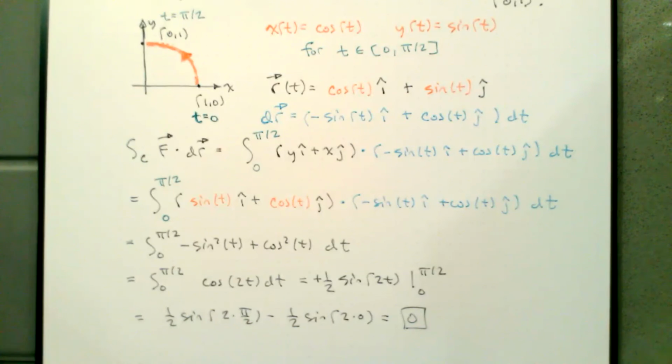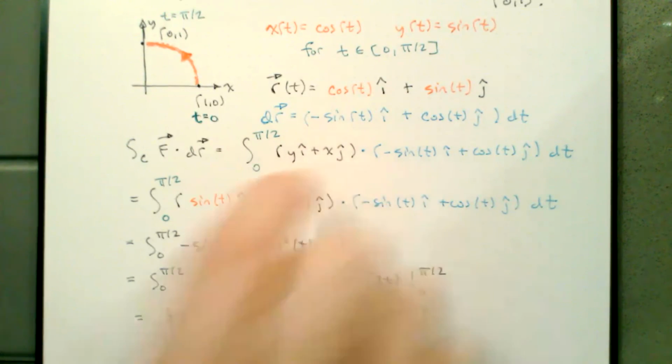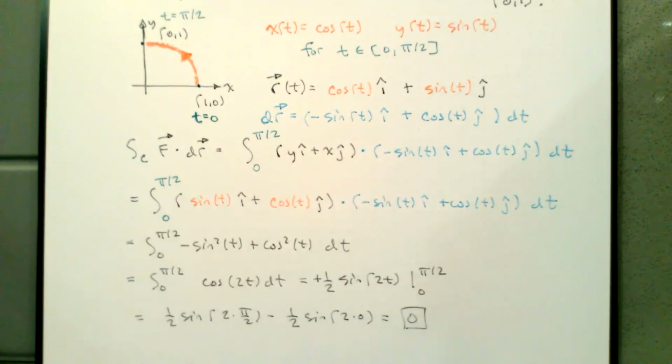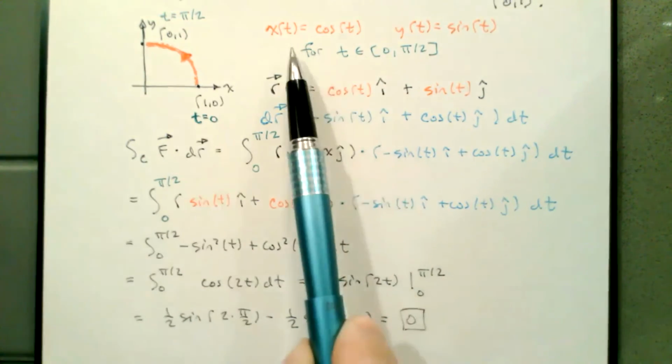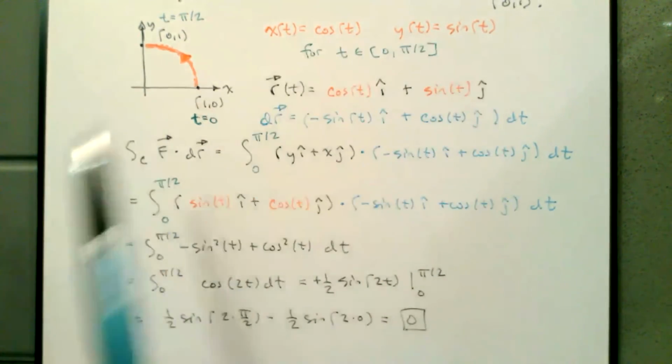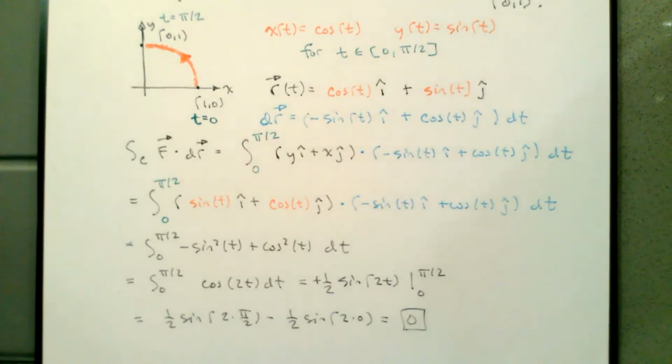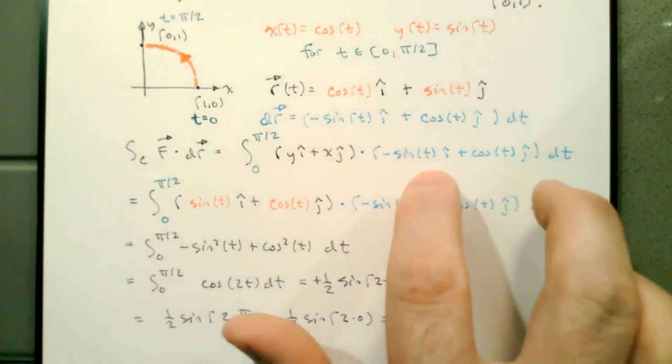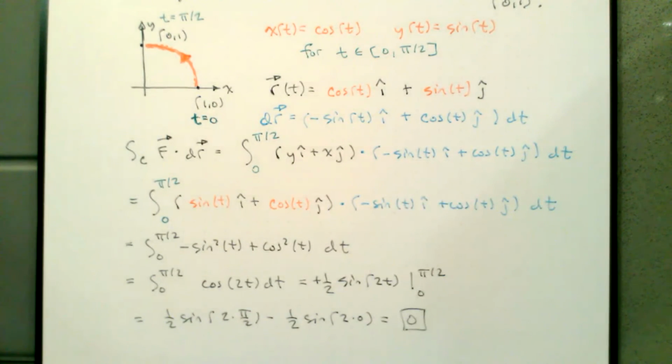So we don't have to worry about what's going on at the point 0, 0 in this vector field, because that's not on the curve C. The integral says evaluate this vector field at all the points along the curve C. And so here are the points along the curve C. That's all we have to care about. The part in blue, the dr, is a bunch of line segments that's going to form our curve.